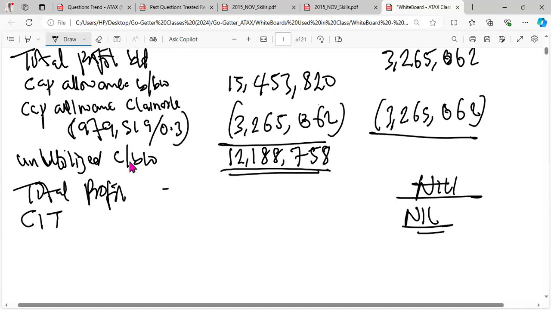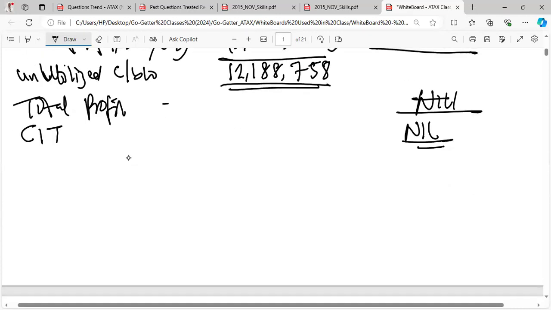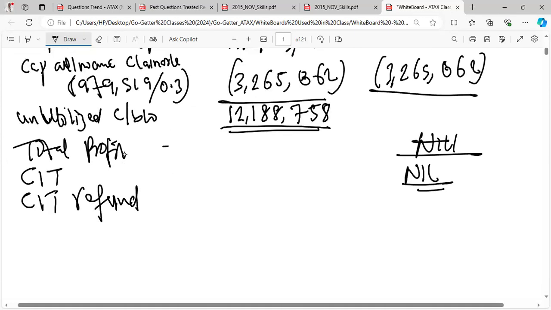So when CIT is nil, you will now say CIT refund. They're going to refund whatever was taken before. So this is the CIT refund. So the FIRS is going to give you this amount, and you are going to claim more capital allowance.